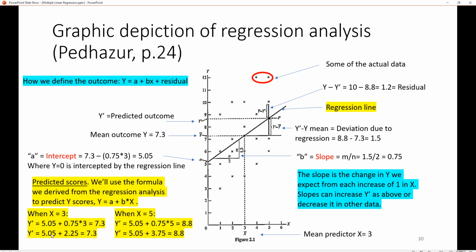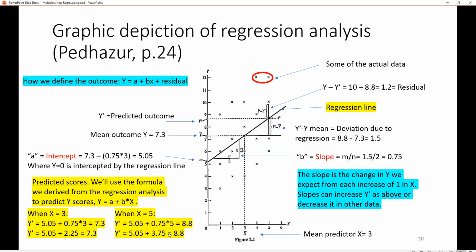And when you add these two values, the intercept of where we're starting at, and that expected increase in our outcome by our value of 3 on our predictor, that should give us a value of 7.3. So we go to 5.05, we go over to a value of 3, and when we go up 2.25 points, that gives us a value of 7.3.